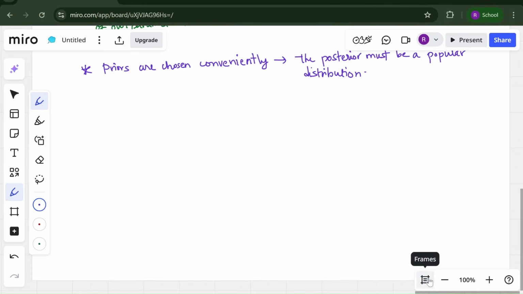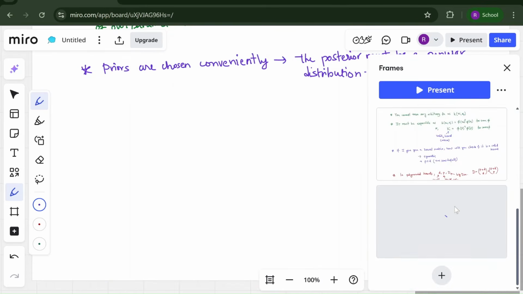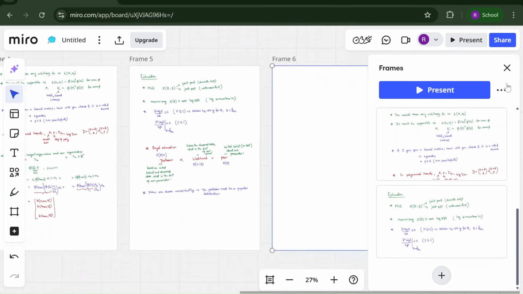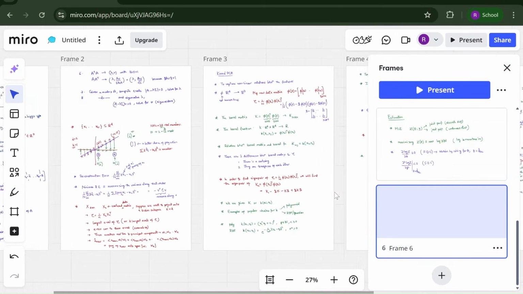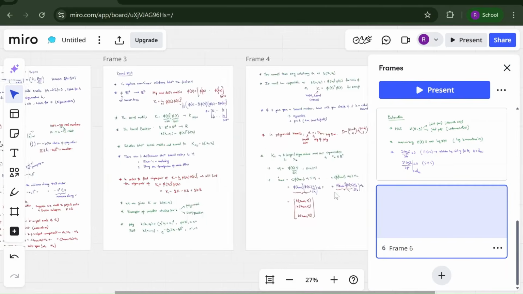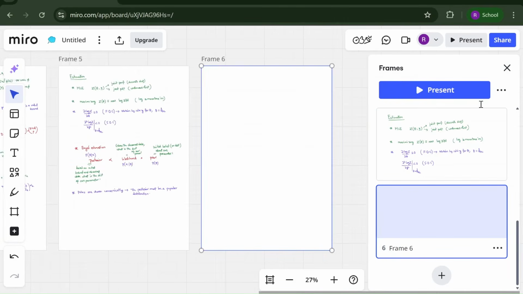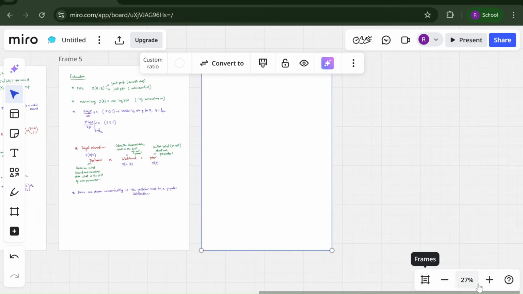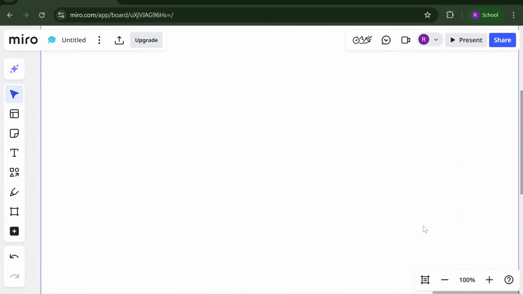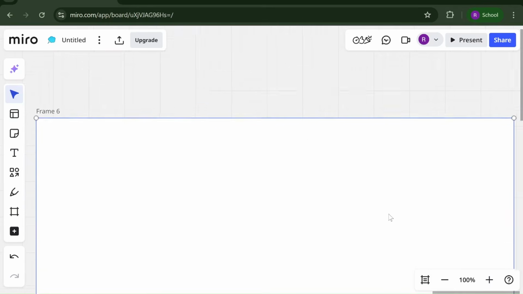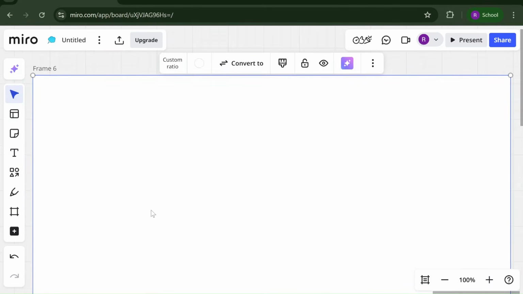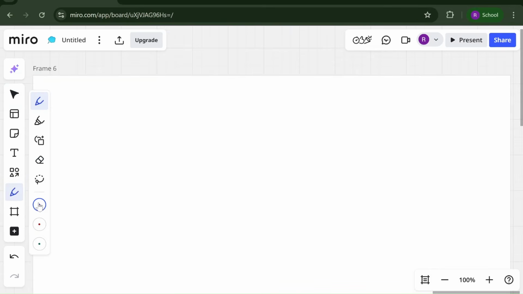Let me take a new slide. Gaussian mixture models.